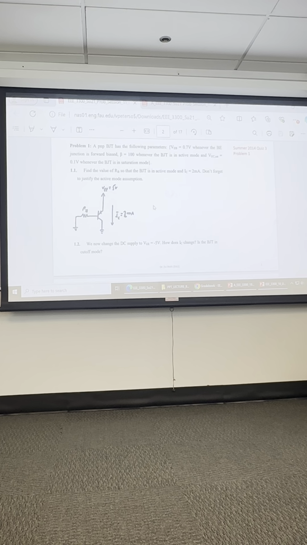So this version here shows a PNP transistor, and the emitter-base voltage is 0.7 volts when the base is 4.5, beta 100. Whenever the BJT is in active mode, the VCE set is 0.1 when it's in saturation. So find RB so the BJT is in the active mode with I sub C equal to 2 milliamps.